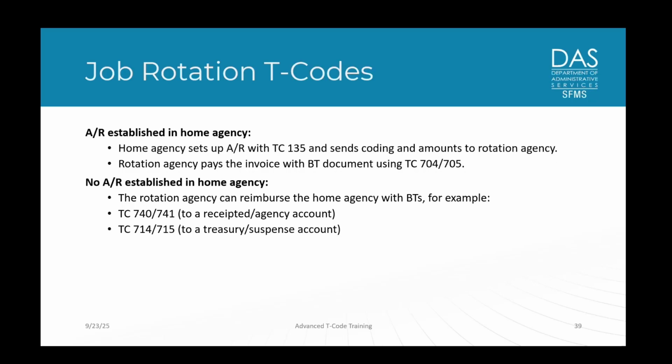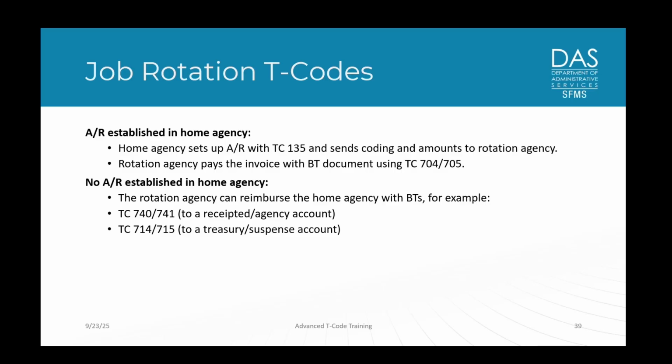Three scenarios can happen with job rotation. One is the home agency sets up an AR, account receivable. In this scenario, they can set it up with T-code 135 and send the coding and amount to the rotation agency, and then the rotation agency pays the invoice with a BT document using T-code 704, 705.